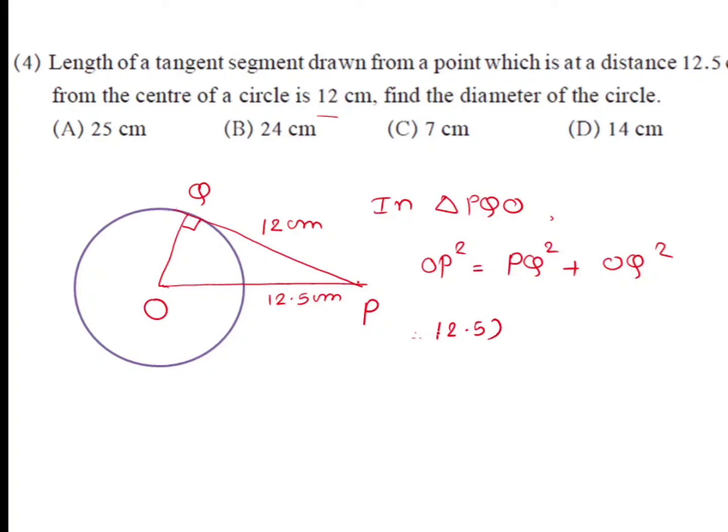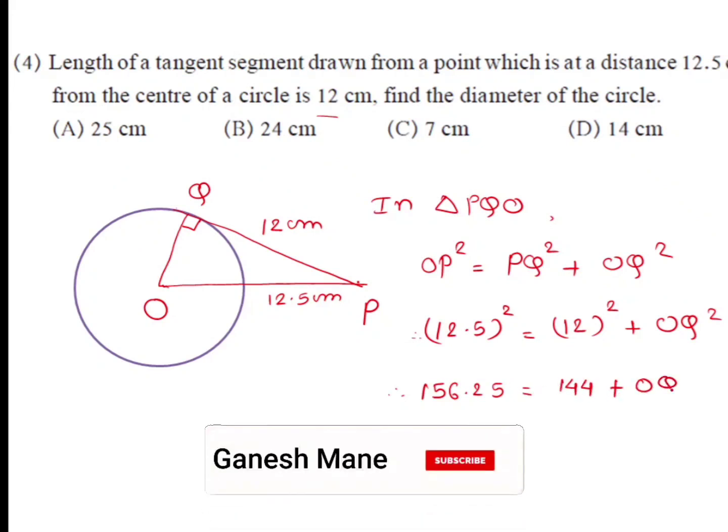So we will replace OP by 12.5, that squared, is equal to PQ is 12, which is the tangent segment, that squared again, plus OQ square as it is, as we have to find OQ. If we square 12.5, it will be 156.25, that is equal to 12 square which is 144 plus OQ square.